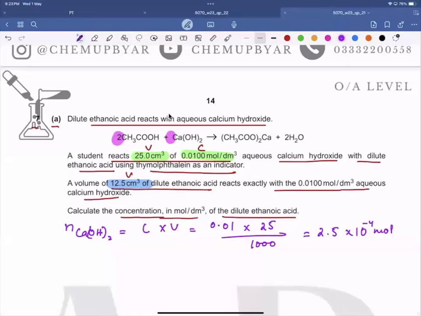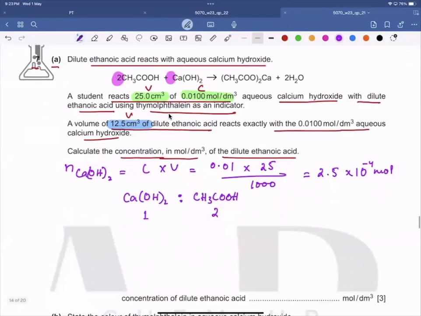Now, after this, we will calculate the mole ratio. Calcium hydroxide is to ethanoic acid. Yes, Ram. So the ratio is 1 mole of calcium hydroxide in the balanced equation and 2 moles of ethanoic acid.